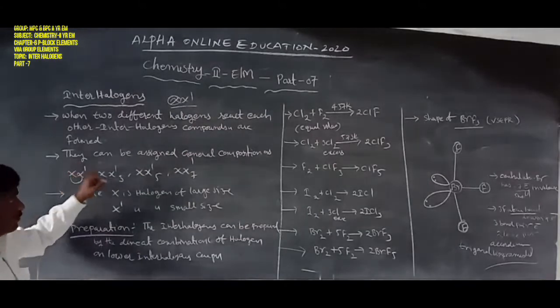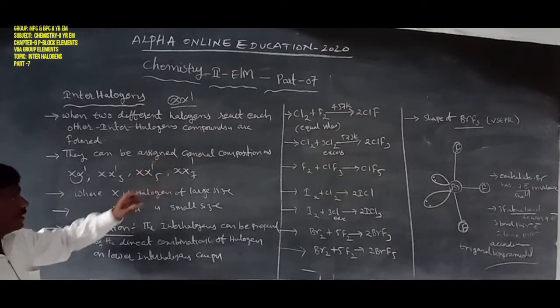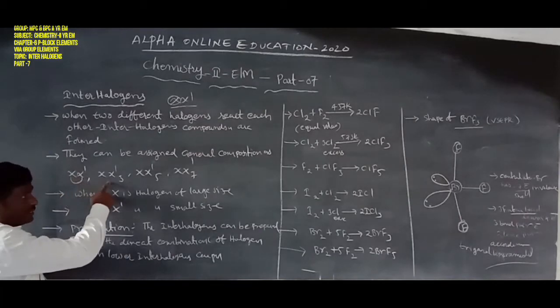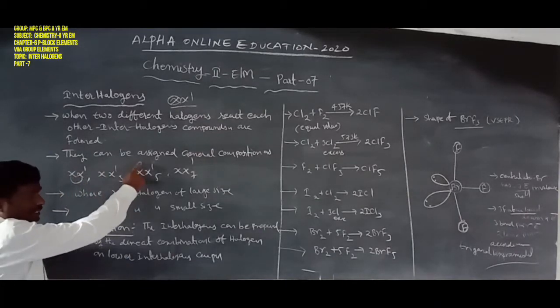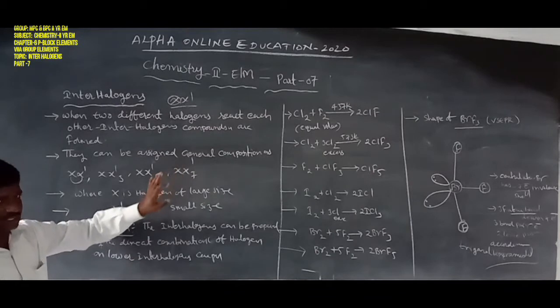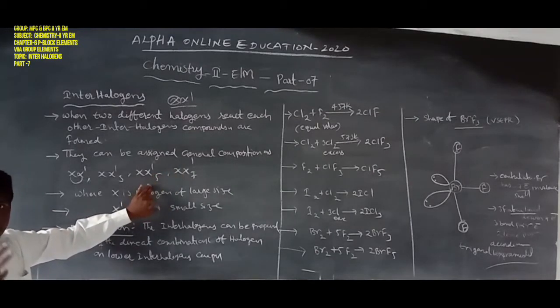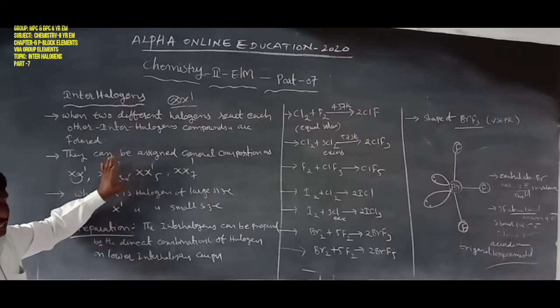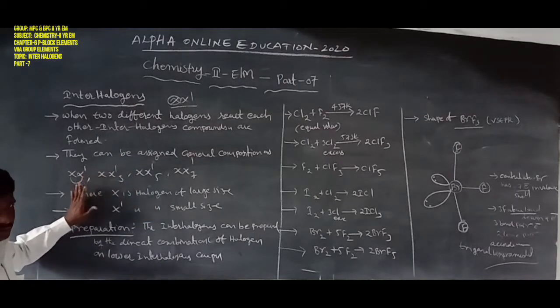They can be assigned general compositions like XX dash, XX dash 3, XX dash 5, XX dash 7.